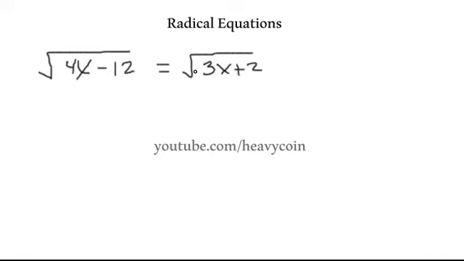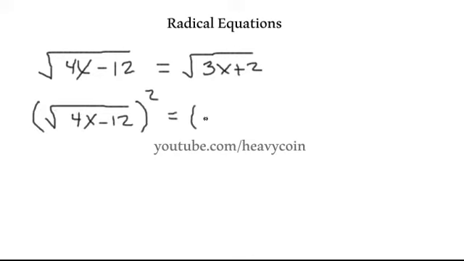So in order to get rid of both these radicals here, we're going to square both sides. So I guess I should just rewrite it. 4x minus 12, we're going to square this to get rid of this square root. And then we're going to square this side here. 3x plus 2. And let's square that.